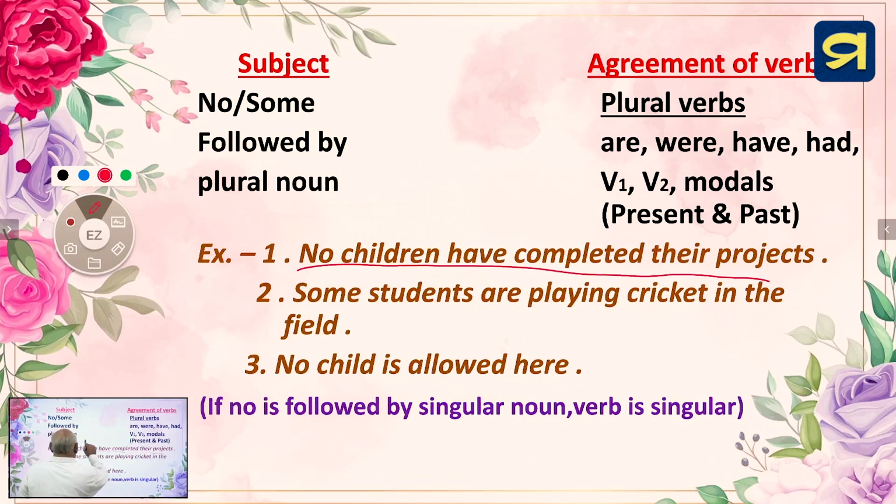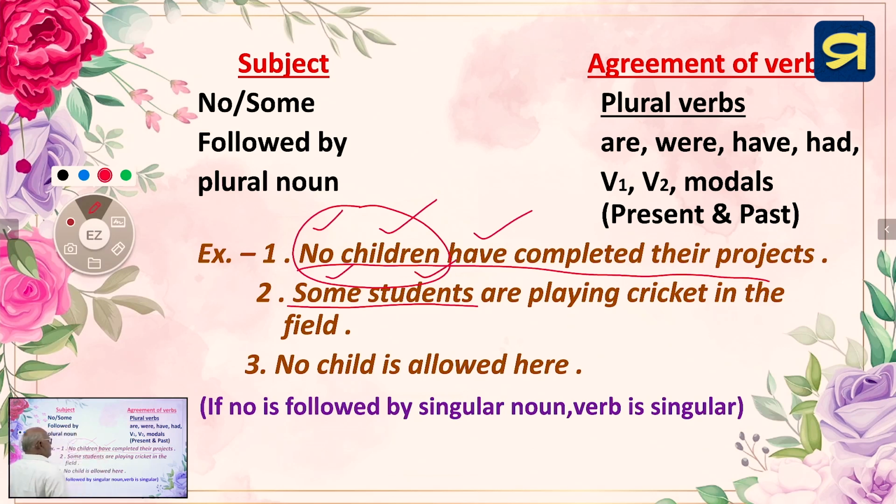Here, no children is the subject phrase, begins with no and is followed by a plural noun, children, and it takes the plural verb have. In example 2, some students is the subject phrase, begins with some and is followed by a plural noun, then it takes the plural verb are.